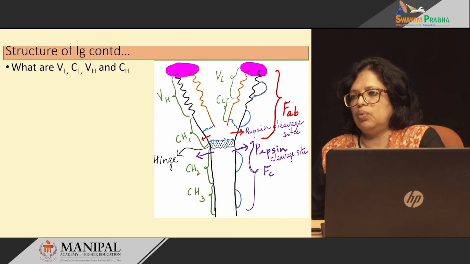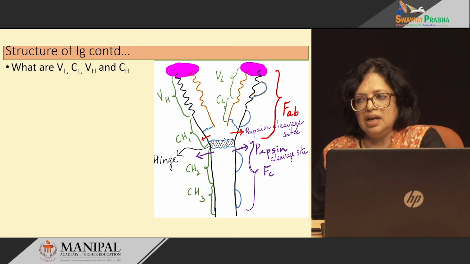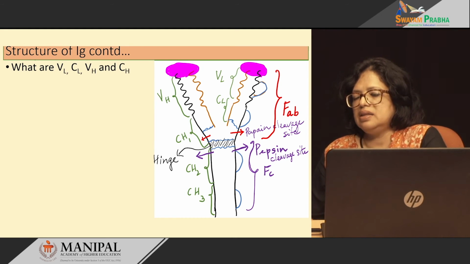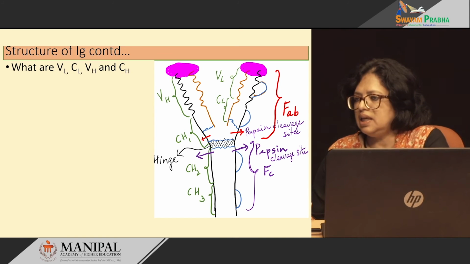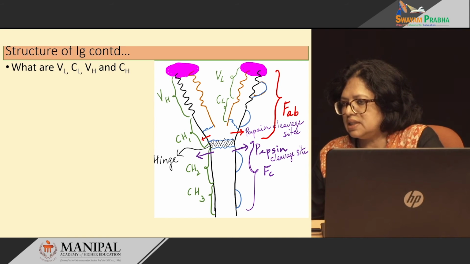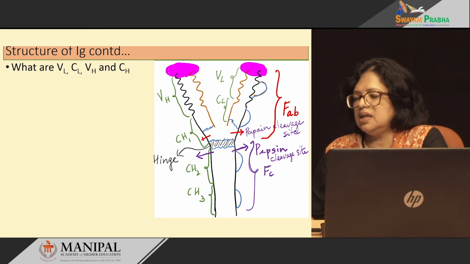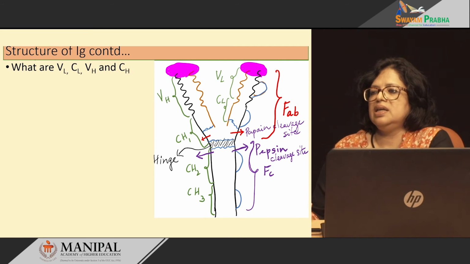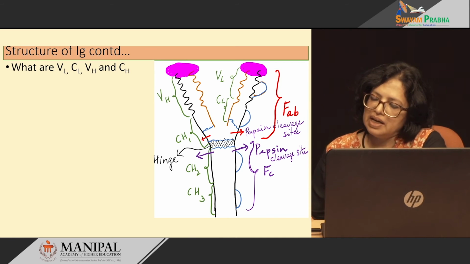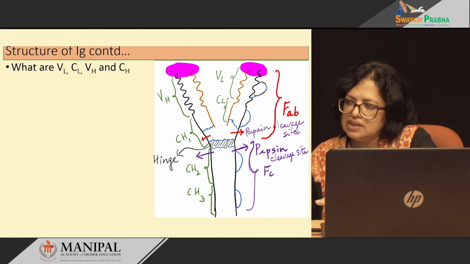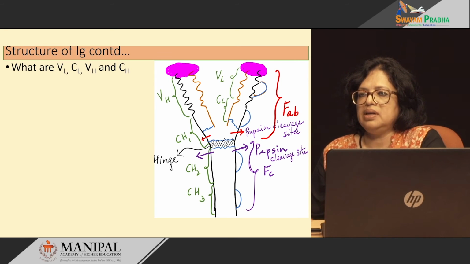So, one piece containing 2 FABs linked together and another piece below the hinge region which contains only the CH2 and CH3 domains of the immunoglobulin. So, with pepsin cleavage we will get only 2 pieces from the immunoglobulin molecule.